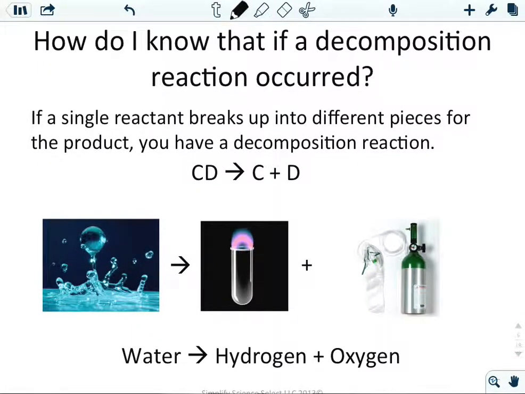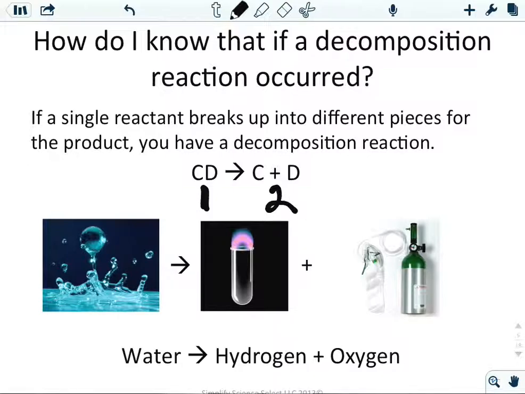So how do I know if a decomposition reaction has occurred? If a single reactant breaks up into different pieces for the product, you have a decomposition reaction. Basically, this is the reverse of a synthesis, so this is one thing becoming two things.